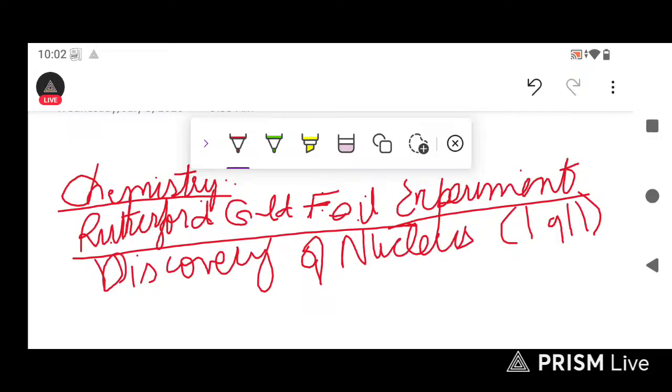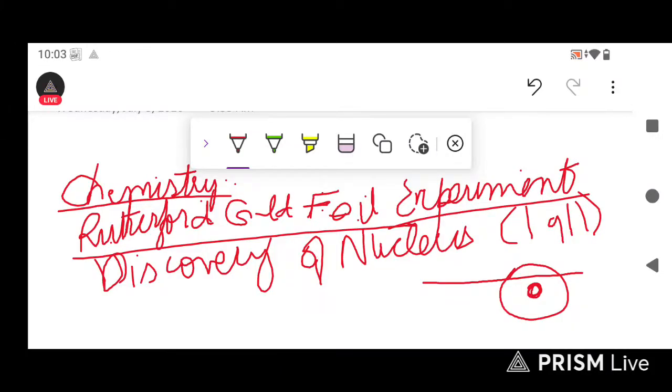So he performed an experiment by bombarding a very thin gold foil with alpha particles. Through a diagram, here we have an atom with a small nucleus. He observed that most particles went straight through without deflection.